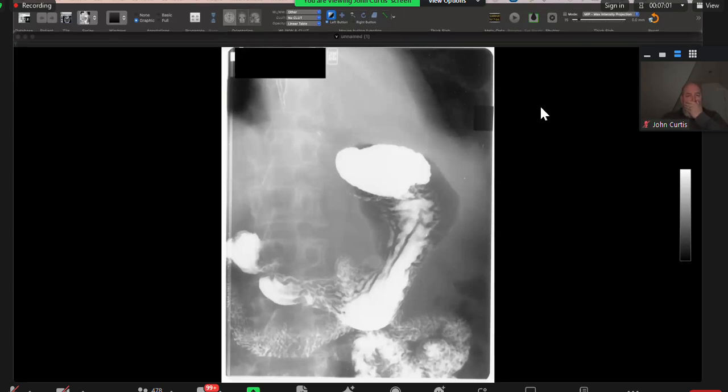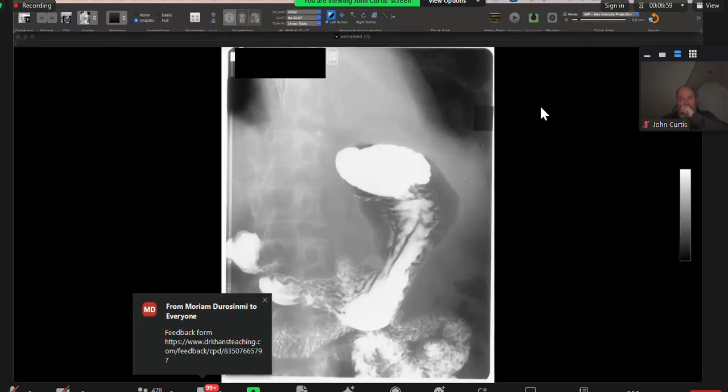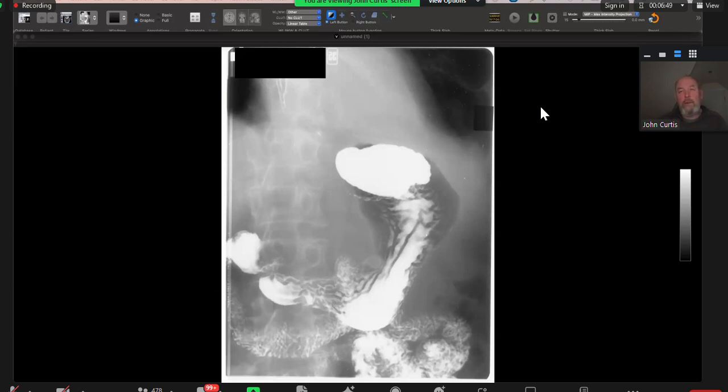However, I can appreciate that there is slight luminal narrowing along the area of the lesser curvature, and I would like to confirm it on the other views if they're available.